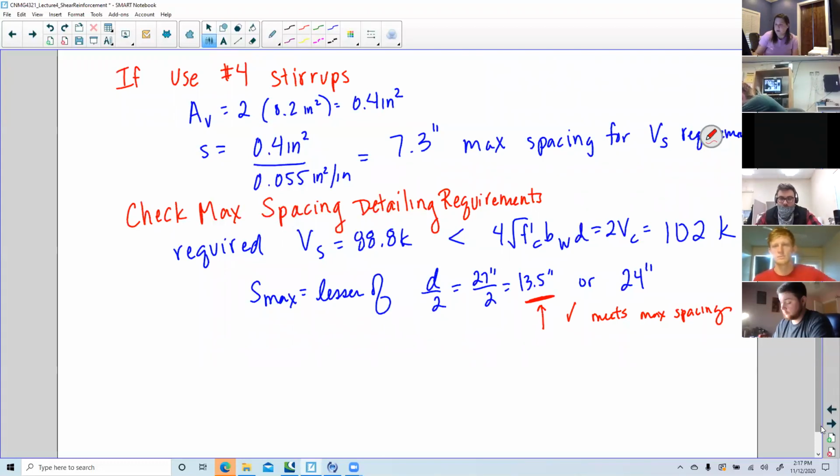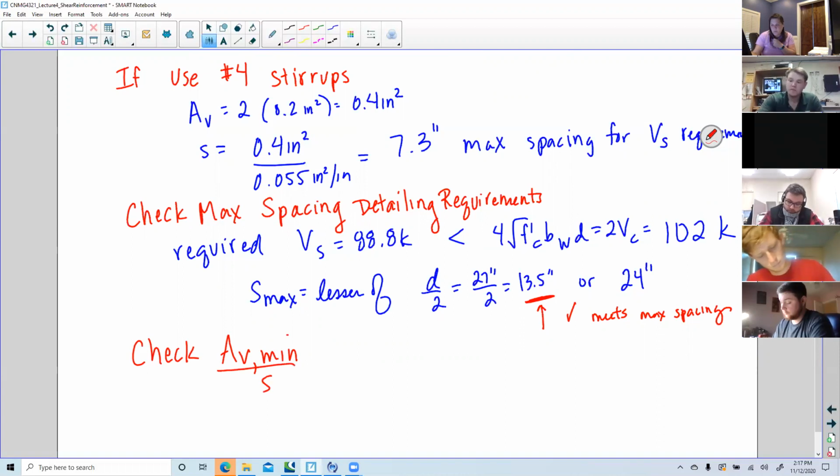The other thing that we need to check, which we're probably fine, we're usually fine, but did we meet our minimum shear requirements? That was just a couple pages earlier, page 136.